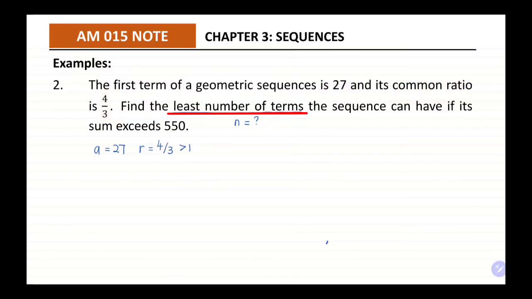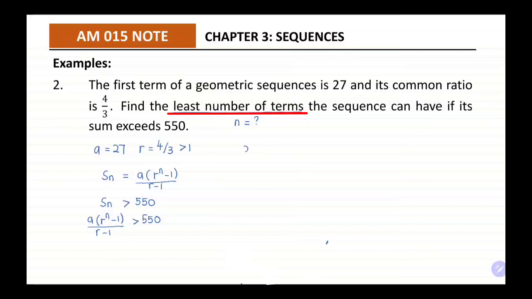The formula for the sum of a geometric sequence, since r is greater than 1, is Sn equals a times r power of n minus 1, divided by r minus 1. The question says exceeds 550, which means Sn is greater than 550. So a times r power of n minus 1, divided by r minus 1, is greater than 550. Now we substitute the values of a and r into the formula.